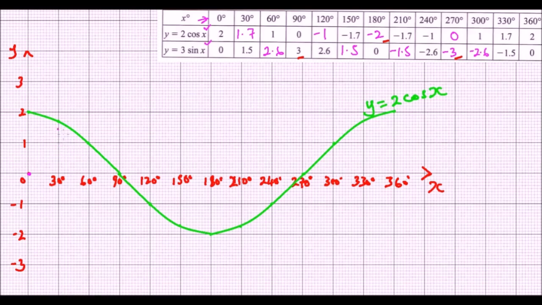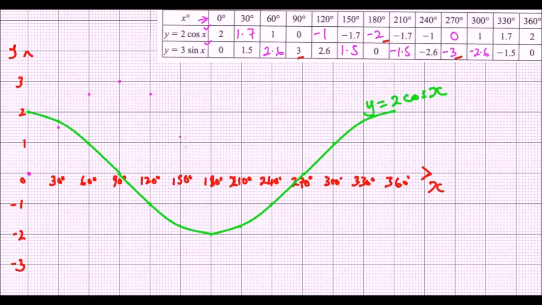So somewhere there. 60, it is 2.6. So it's there. 90, it is 3. Y is 3. When x is 120, y is 2.6. So that's 2.6.